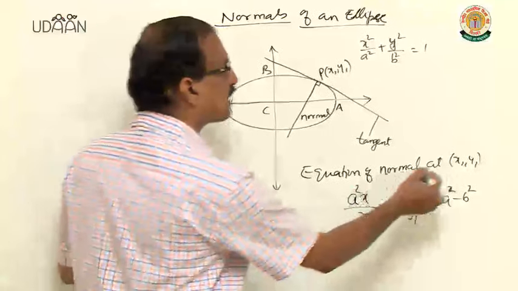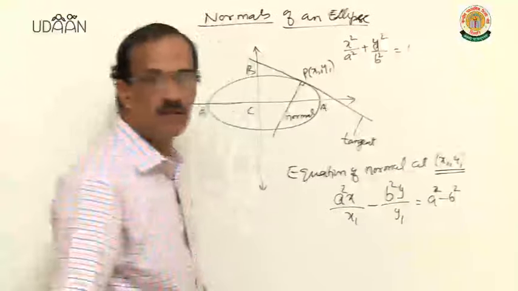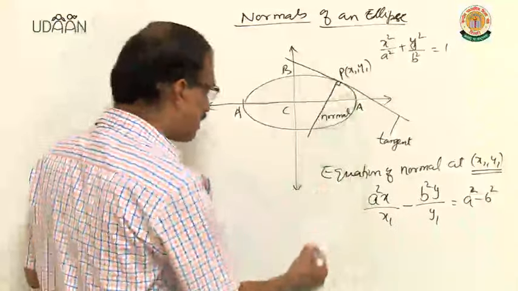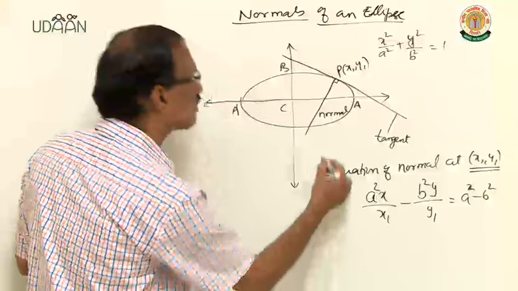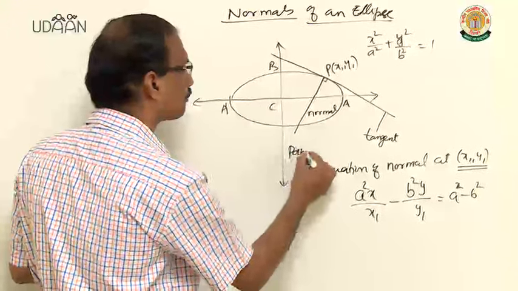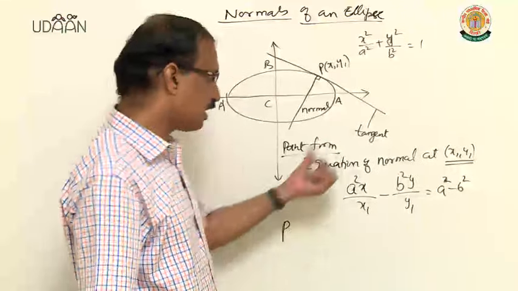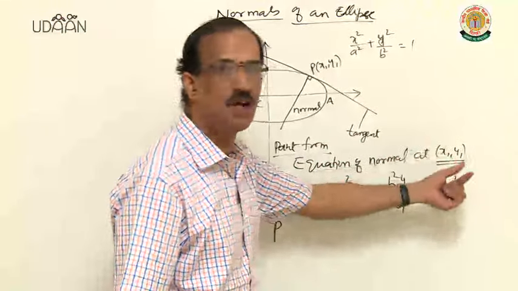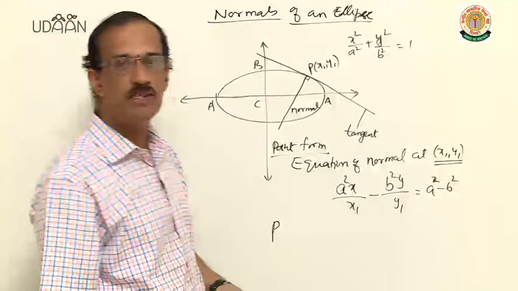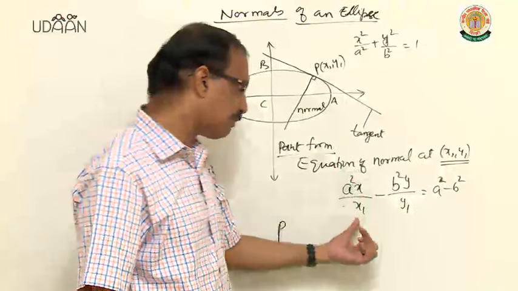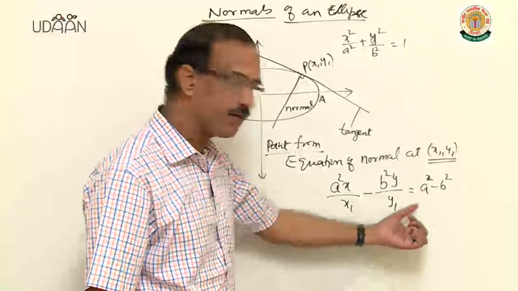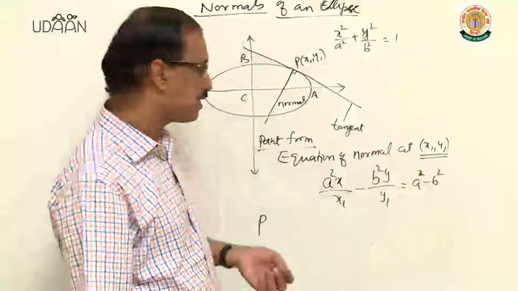So this is when x1 y1 is given. This is called the point form. The point form says that the equation of a normal at x1 y1 is a square x upon x1 minus b square y upon y1 equals a square minus b square.